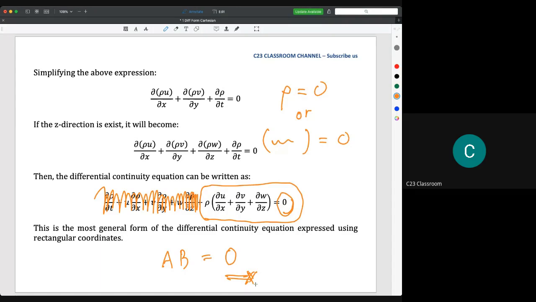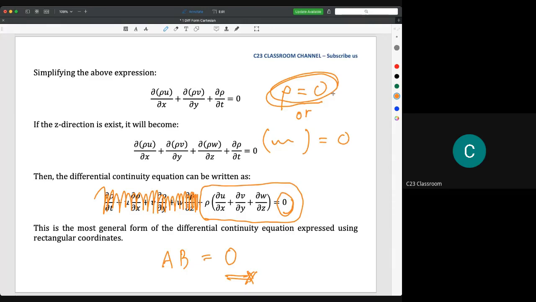Okay, sama juga dalam keadaan ini, kita mengatakan bahawa rho kemungkinan kosong, atau nilai dalam bracket sama dengan kosong, atau dua-dua kosong. Tetapi fizik selalunya akan reflect logic. So kita katakan bahawa density tidak akan kosong. Kerana even gas yang ringan pun, kita ada udara, nitrogen, oksigen dan sebagainya, masih lagi mempunyai nilai density.